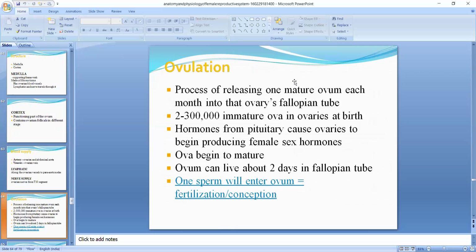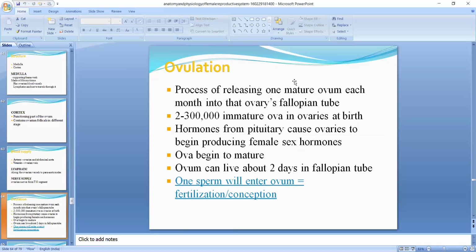Ovulation. One mature egg from the ovaries is released into the fallopian tube every month, and there are about 3 lakh immature eggs in the ovaries at birth.